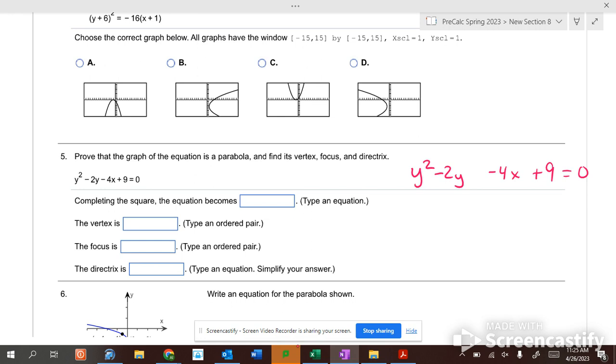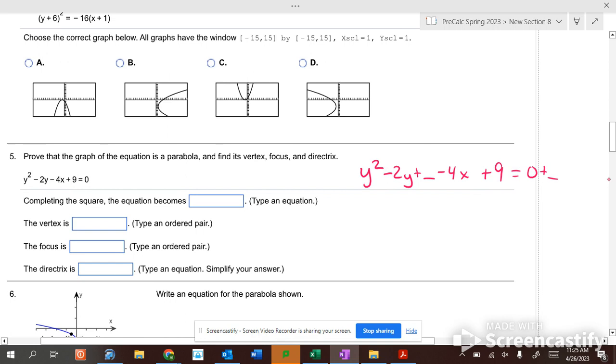What we have to do is we're going to put in a plus blank here. Okay? So whatever we add to this side, we're going to also add to that side. So since y is squared, that's where we're going to add the plus blank. We don't worry about adding a plus blank to our x on this.